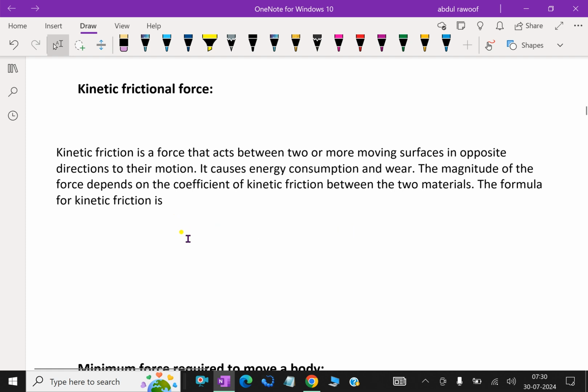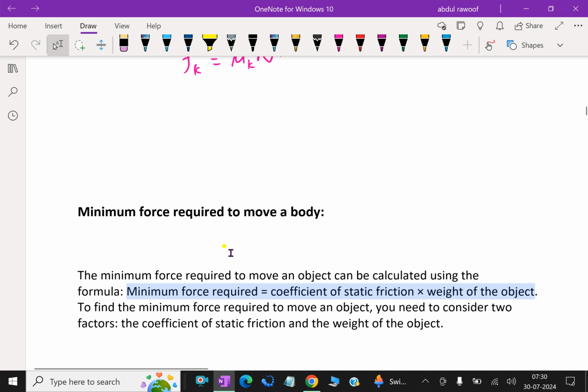The formula of kinetic friction is Fk equals mu k into normal force N, where mu k is the coefficient of friction between the surfaces, N is the normal reaction, and Fk is the kinetic frictional force.